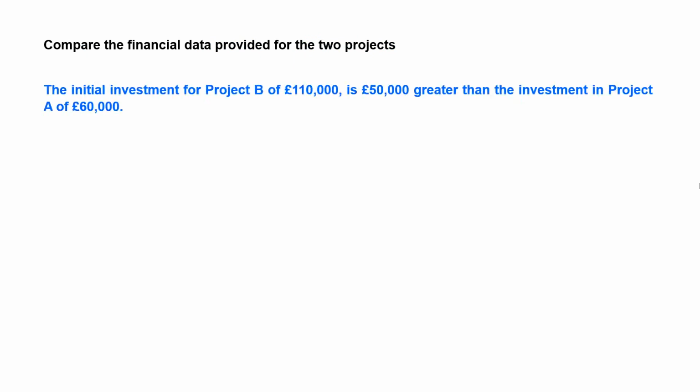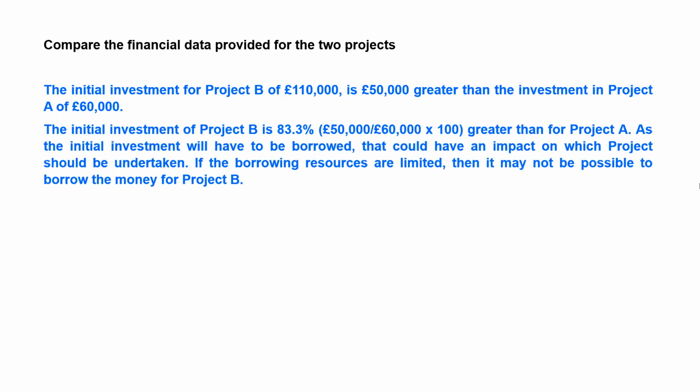Then I'm going to compare the financial data which has been provided for the two projects. So we've got the initial investment for Project B of £110,000 is £50,000 greater than the investment in Project A of £60,000. So I found the difference there between the two investments for the projects. The initial investment of Project B is 83.3% greater than for Project A. Now, when you put down some calculations here, you must show the calculations.